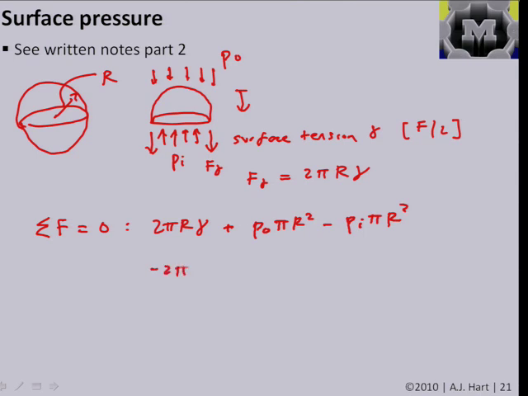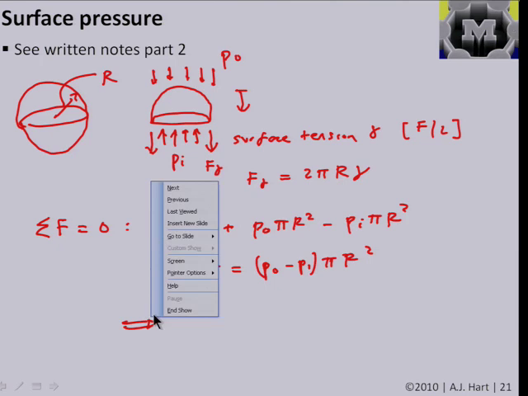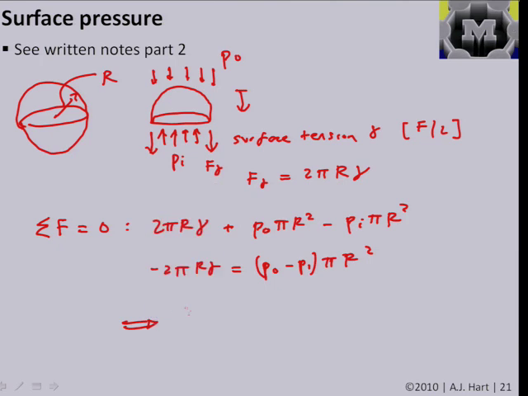So we could say minus 2 pi r gamma equals P outer minus P inner times pi r squared. And if we solve this out and cancel like terms, we would get that P outer minus P inner is equal to minus 2 gamma divided by r.